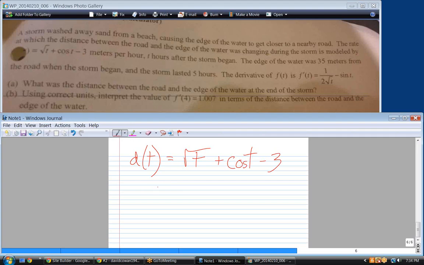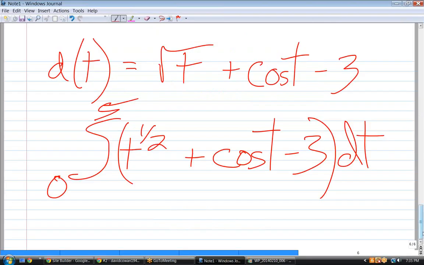Okay? So let's take the integral of this function, integrated from 0 to 5, and that's basically how many meters of sand will be washed away, right? Yeah. So let's blow this up and take the integral of it and evaluate it.